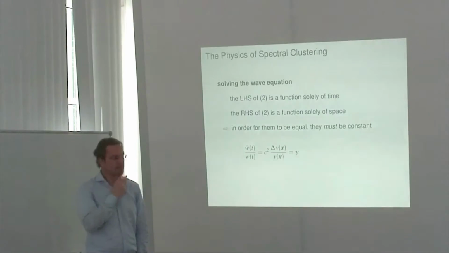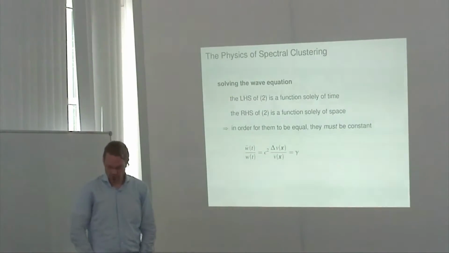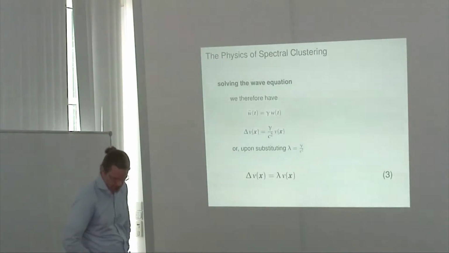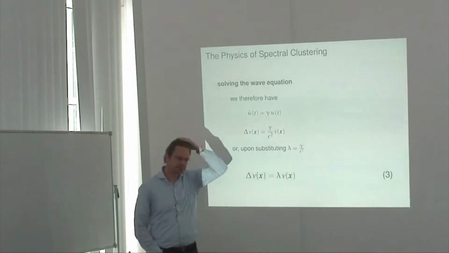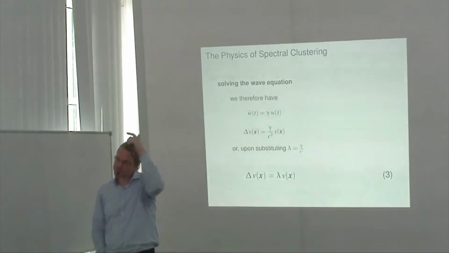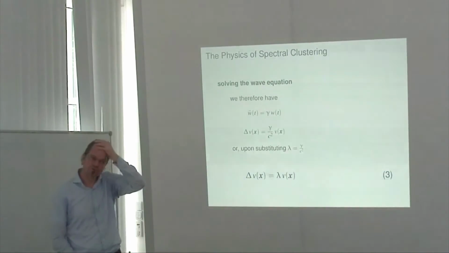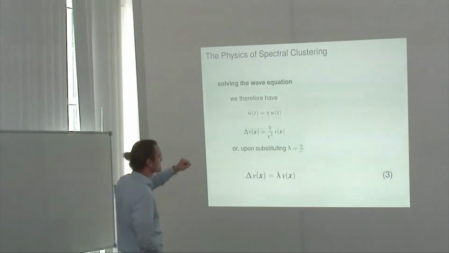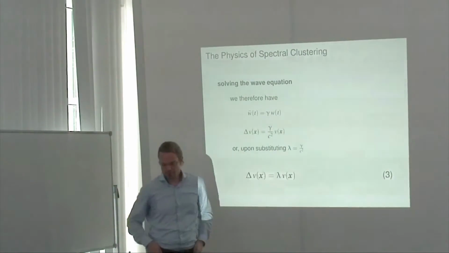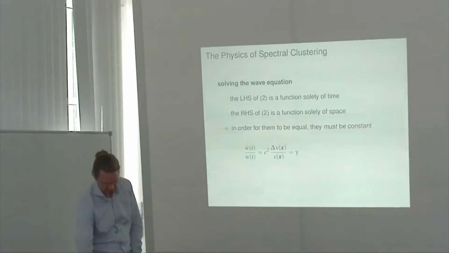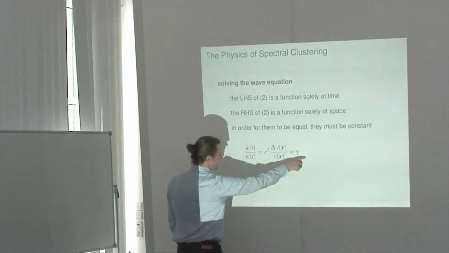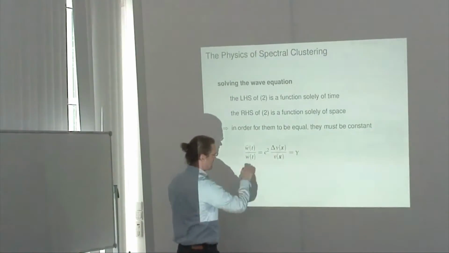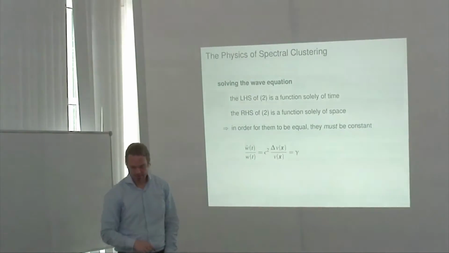All right? And therefore, I will call it gamma. And we can therefore write the second derivative with respect to time, w dot dot of t, as gamma times w. What I did here is I just multiplied by w of t over here. So we have w dot dot is gamma times w of t.